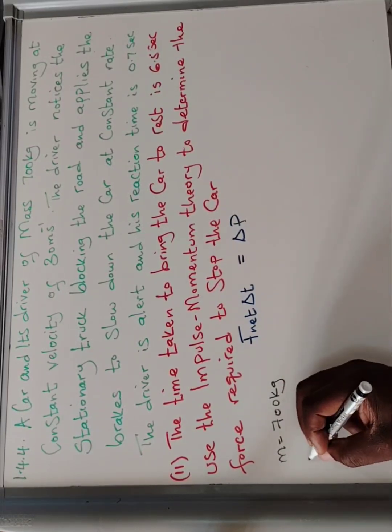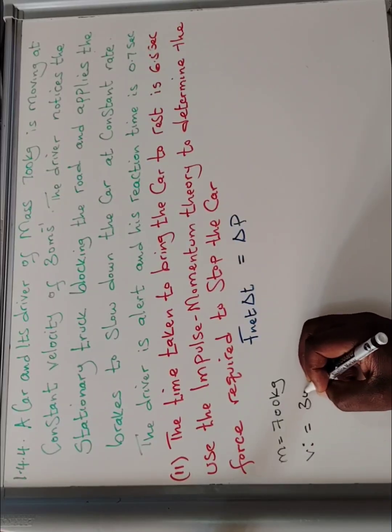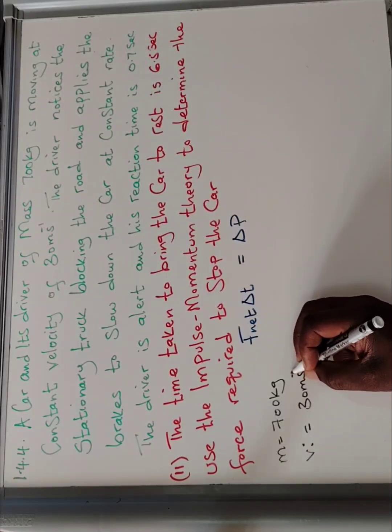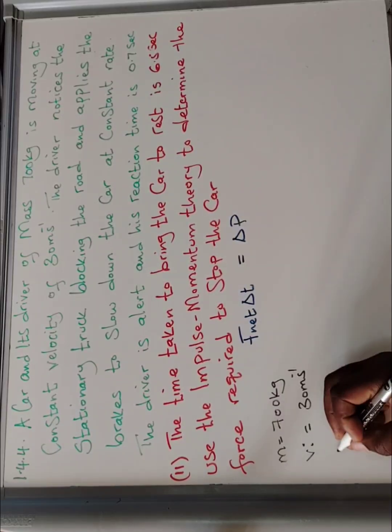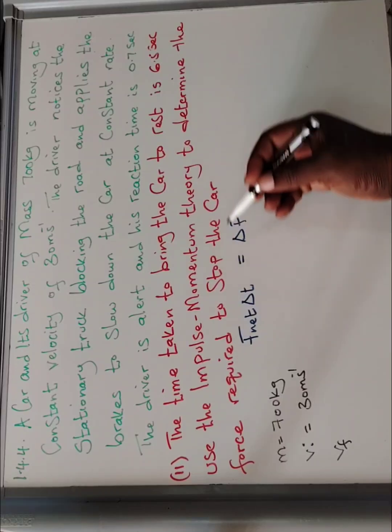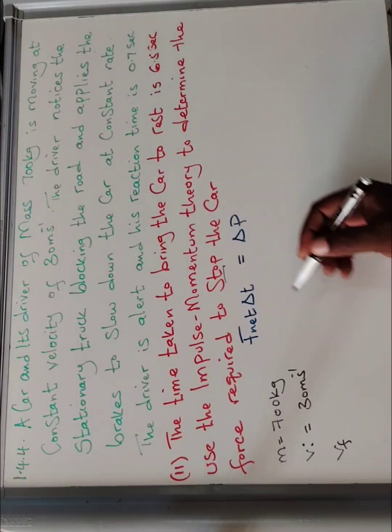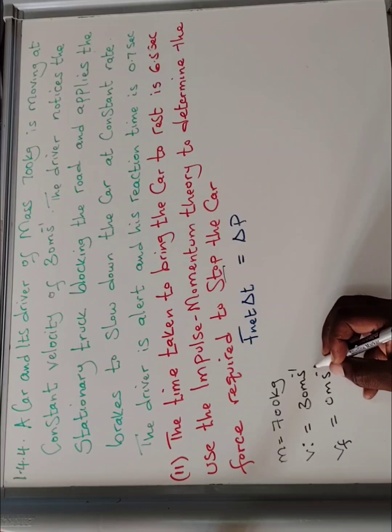What else do we know? We know the initial velocity, which is 30 meters per second. And we also know the final velocity. Final velocity, we get it here. Stop. Stop means 0 meters per second.